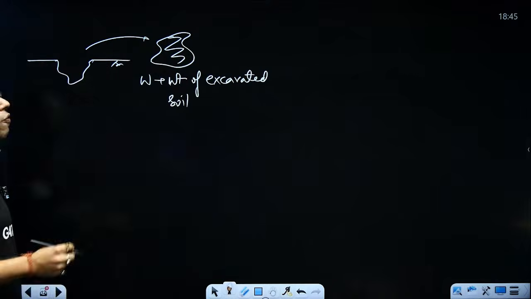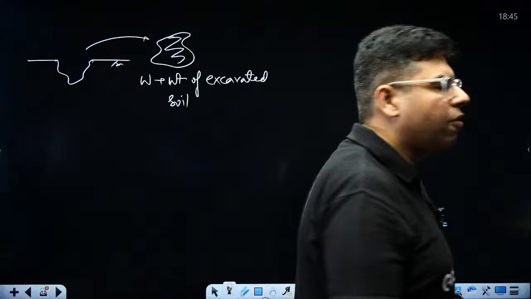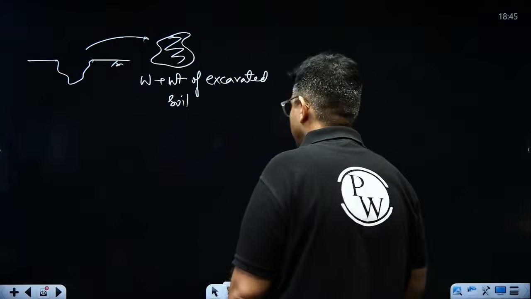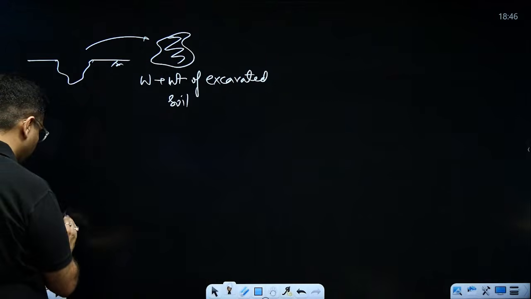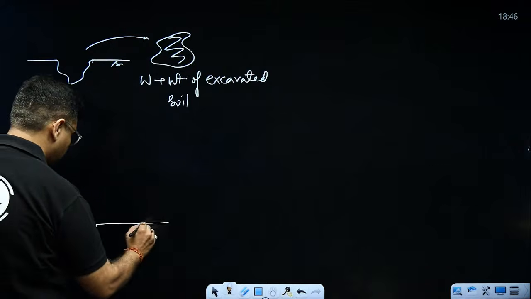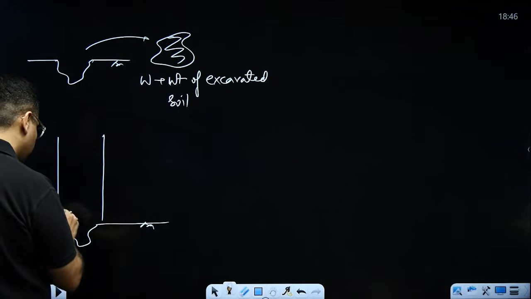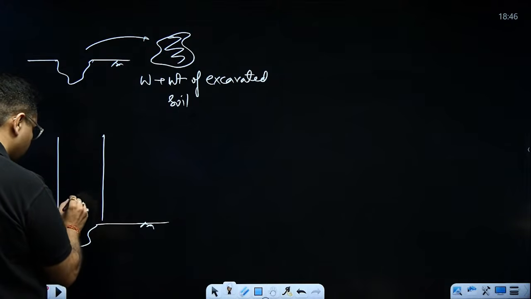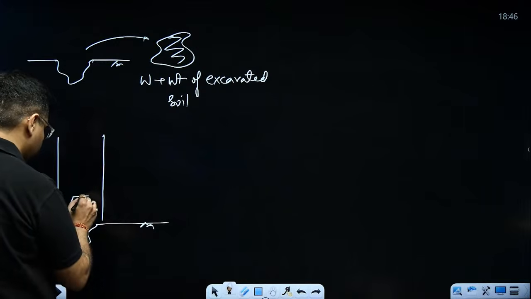Now, I need to find out the volume of this pit. To find out the volume of the pit, we will use this sand bottle. You will take this sand bottle and keep it on this pit. This sand bottle has a cone at the bottom.